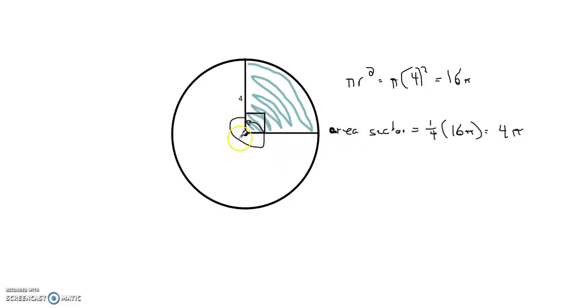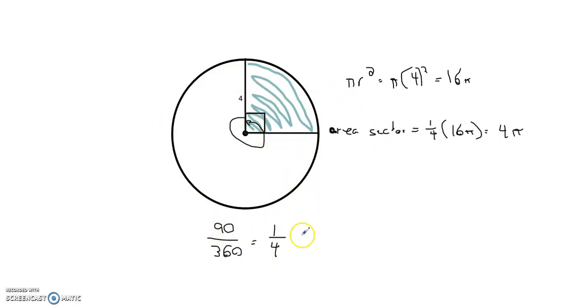So to always find out the percentage of what this sector is, we can say that we have a 90-degree angle that makes up the sector out of the 360 total possible degrees that make up this circle. And if you simplify that, 90 degrees is 1/4 of 360 degrees, so that must be exactly the percentage of what the sector is compared to the whole circle.